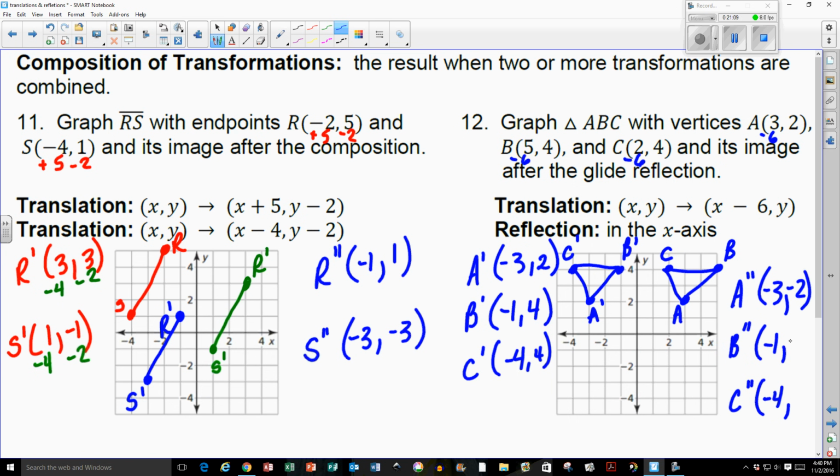So -2, -4, -4. So now I've got -3, -2, -1, -4, and -4, -4. And there is my final destination. So we slid it over and then we flipped it over.